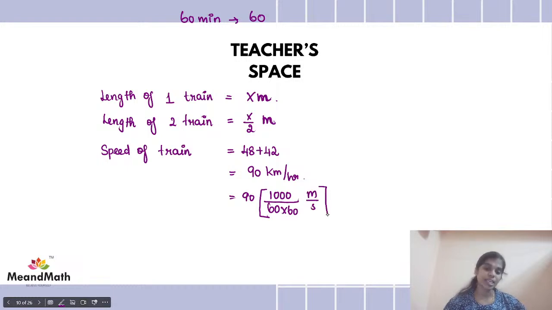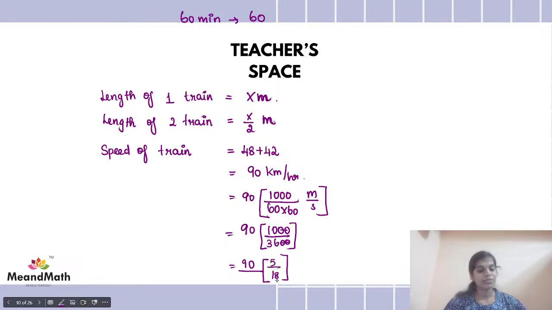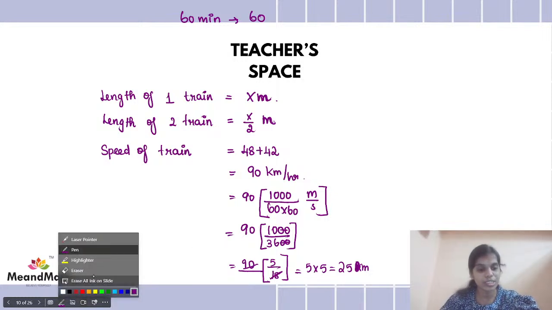So 90 times 1000 by 3600, that is 90 times 5 by 18. The 18 and 90 cancel, 5 times 5 is 25. It is 25 meter per second.